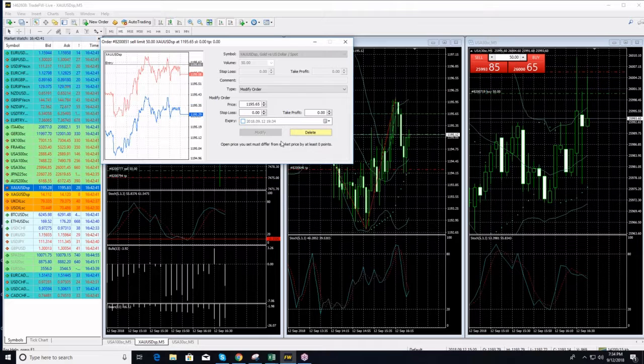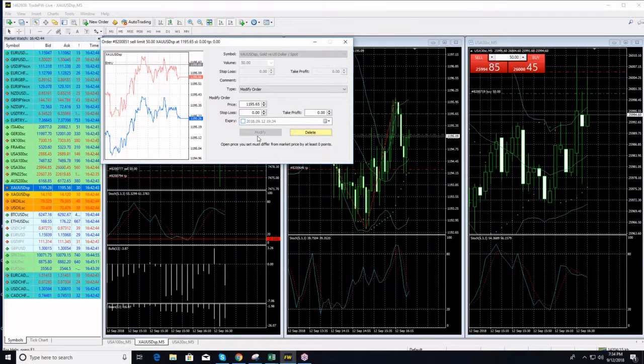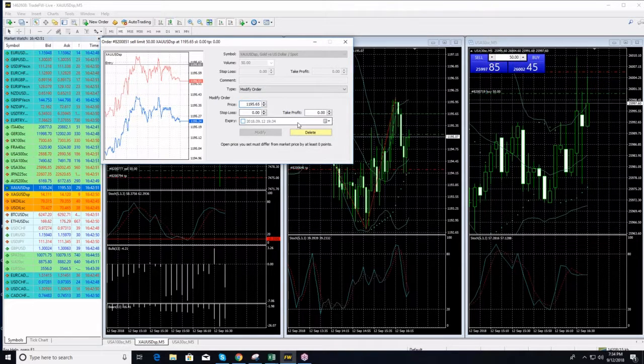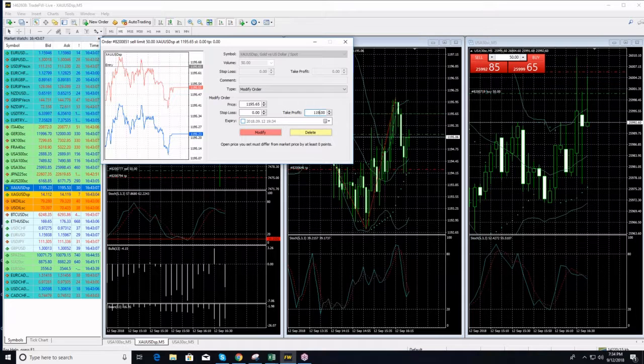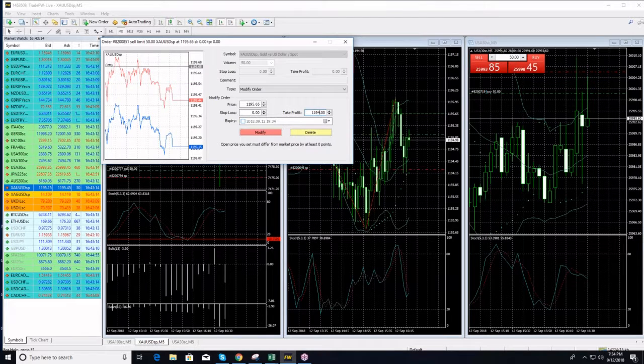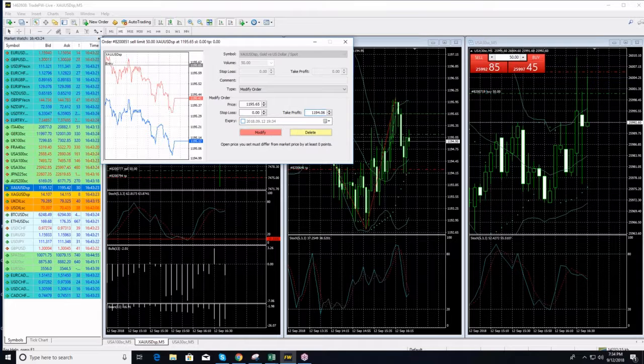I will put my take profit on this position to be at 1,194.65.